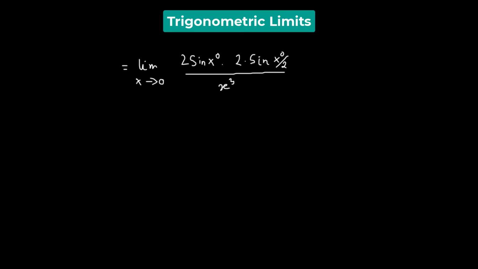So that is going to give us, let's bring 2 times 2 is 4, let's bring the 4 to the front of the limit. So we have limit x tending to 0, so we have x cubed.